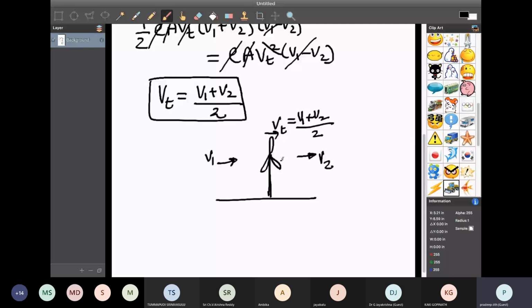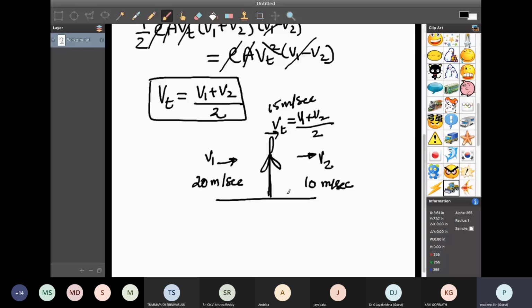So this is what we proved mathematically, that if the input wind is 20 meters per second and the output wind is 10 meters per second, then at the turbine the wind velocity will be 15 meters per second.